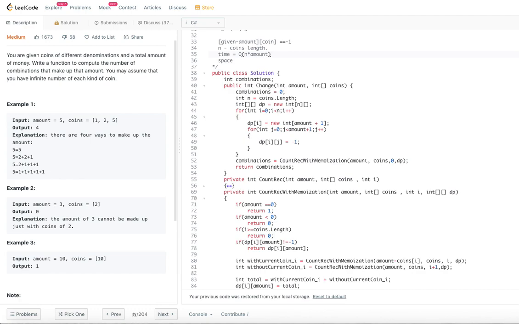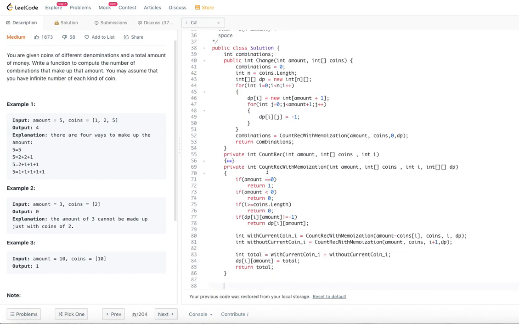So that's the initialization, and then we are calling this count recursion with memoization. So what we are essentially doing, we are going through this memoization function multiple different times, right. But if the value is already calculated, then we are just trying to return that value.